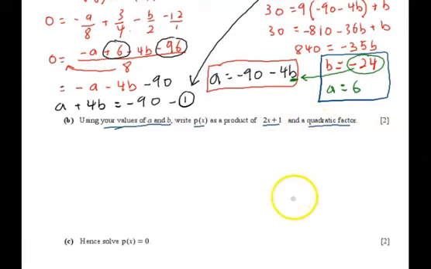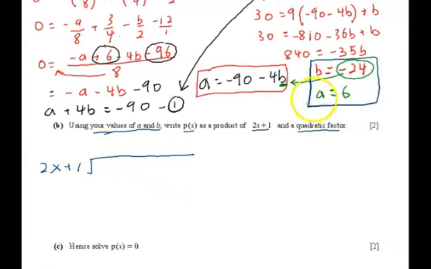So now here we have to divide this by 2x plus 1. Here a is 6, so it's 6x cube plus 3x square, and then b is negative 24x minus 12.